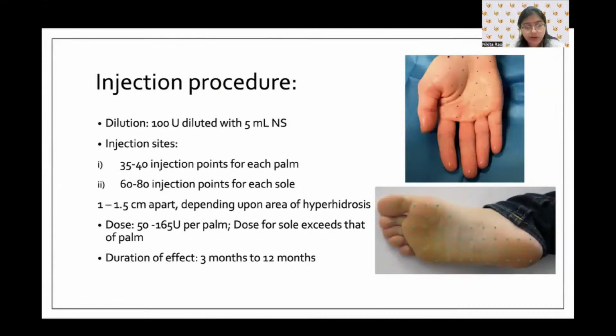The range of dosage is quite large, 50 to 165 units per palm, and the dose for the sole exceeds that of the palm. The duration of the effect is some 3 to 12 months.